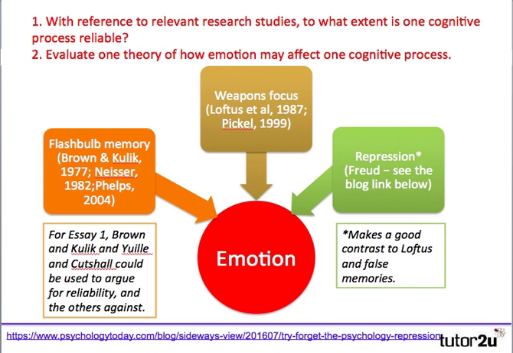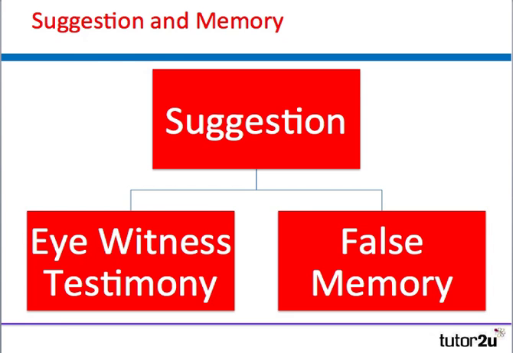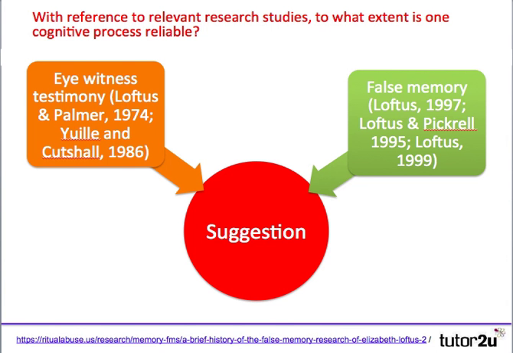Moving on, the reconstructive nature of memory, we also have suggestion and memory, eyewitness testimony and false memory. Eyewitness testimony, Loftus and Palmer, and Yuille and Cutshall, who argued against it. To what extent is one cognitive process reliable? And false memory, Loftus again, Loftus and Pickrell.